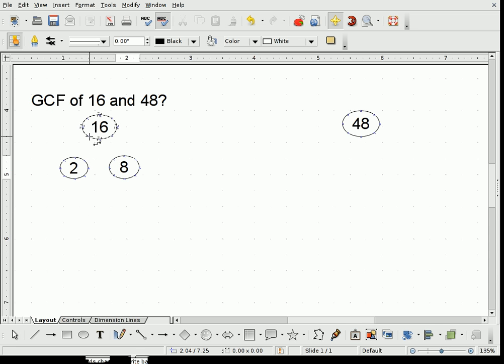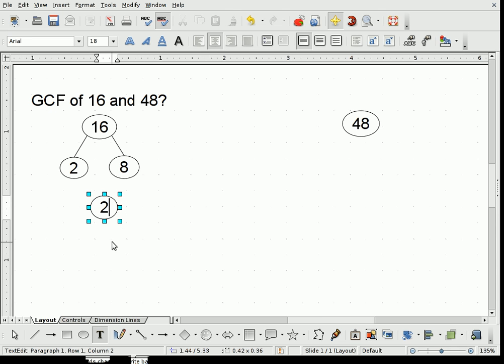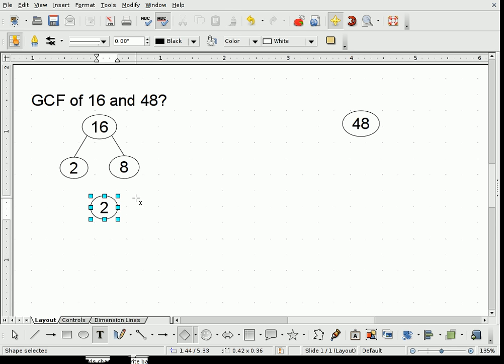Okay, so we make a connection here. All right. 8 itself is also a composite number. But what is 8? 8 is divisible by 2. What is 8 divided by 2? 8 divided by 2 is 4.